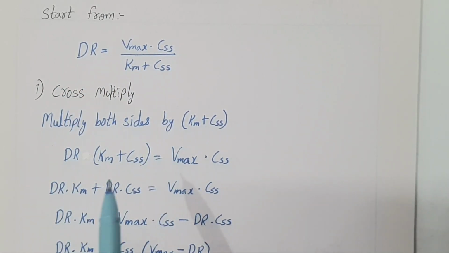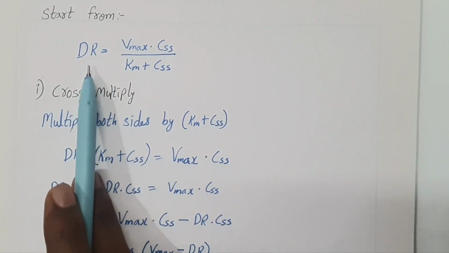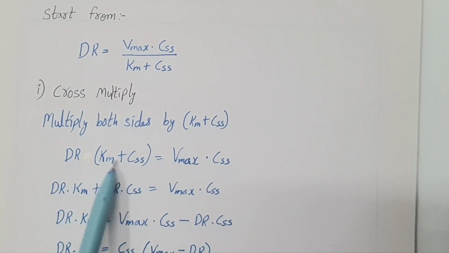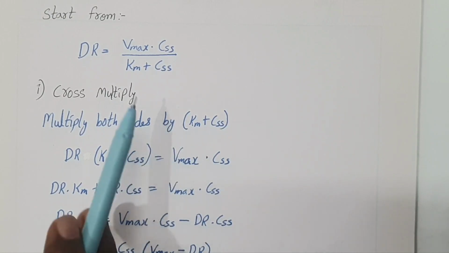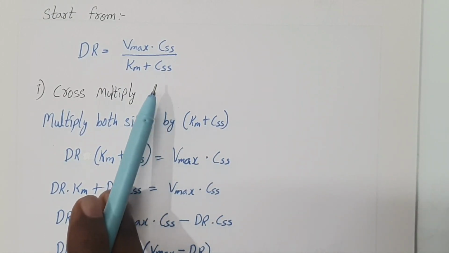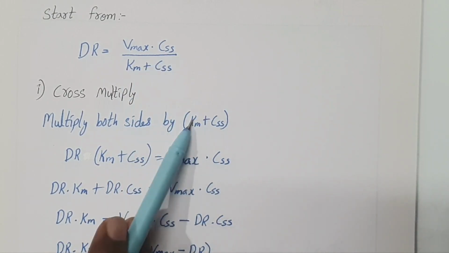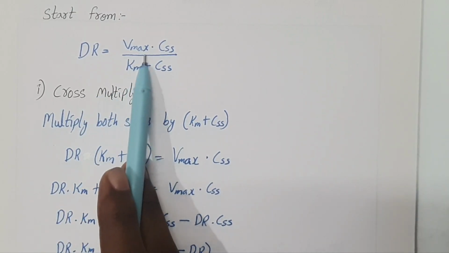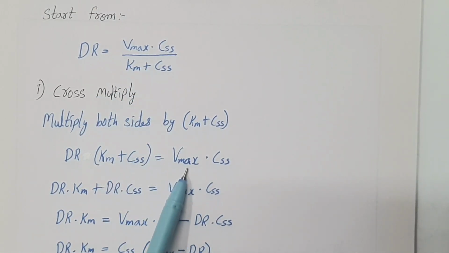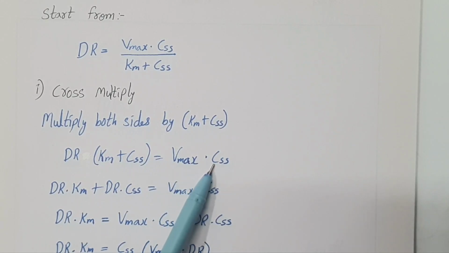This is the first step. On the left hand side we multiply DR by Km plus Css, and on the right hand side also we multiply by Km plus Css, so this Km plus Css gets cancelled. We are left with only Vmax into Css. Hope you got this.